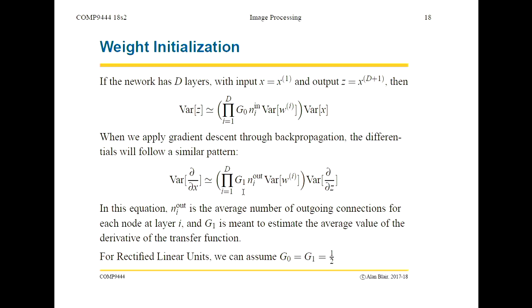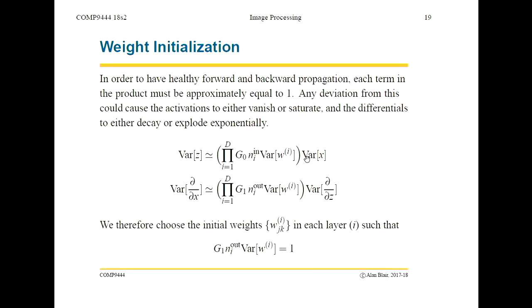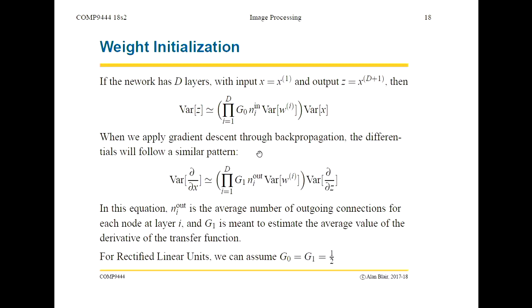So in order to maintain healthy backpropagation, you want this number to be approximately 1 at every layer. That's what we want. So at each layer we want n_i,in and n_i,out.